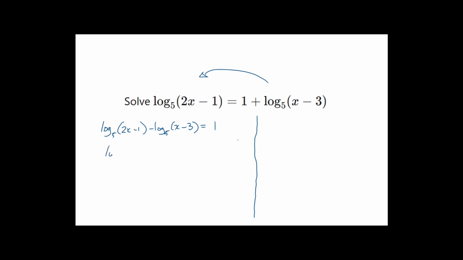And that would be log base 5 of 2x minus 1 over x minus 3 equals 1. And we raise both to the power of 5.